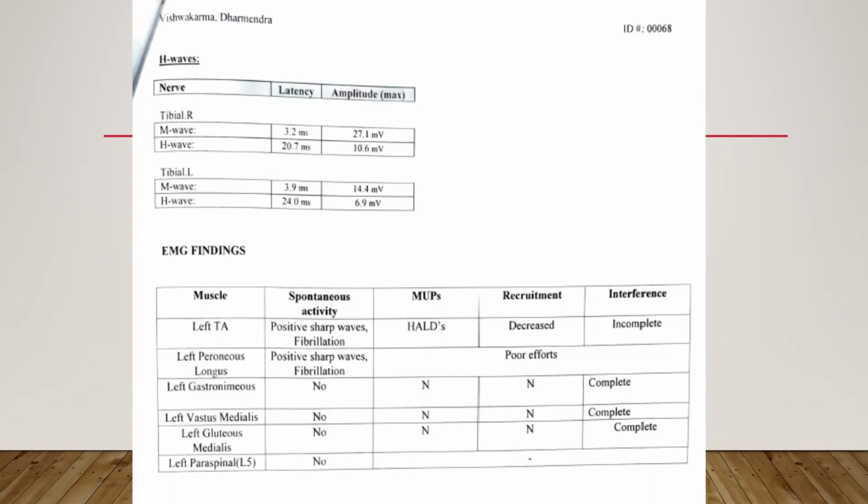So what is the pyramidal pattern of weakness? There's involvement of the flexors of the upper limbs and extensors of the lower limbs. Yeah. So which muscles will be weak in the lower limb along with the foot drop? Ma'am, the flexors proximally, so iliopsoas will be weak.